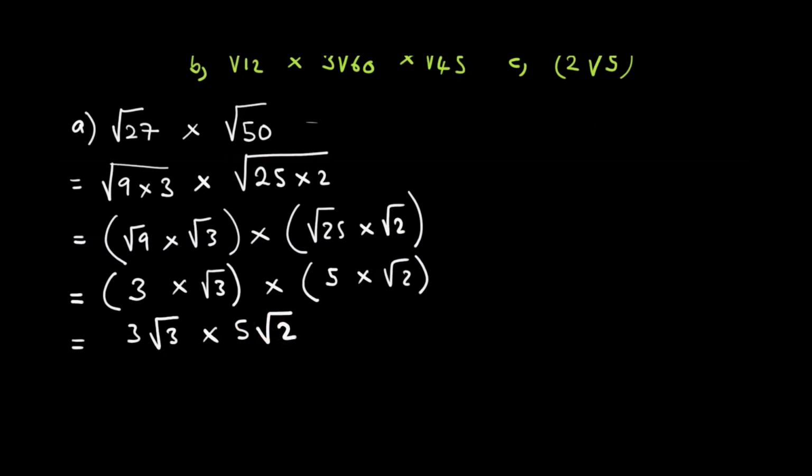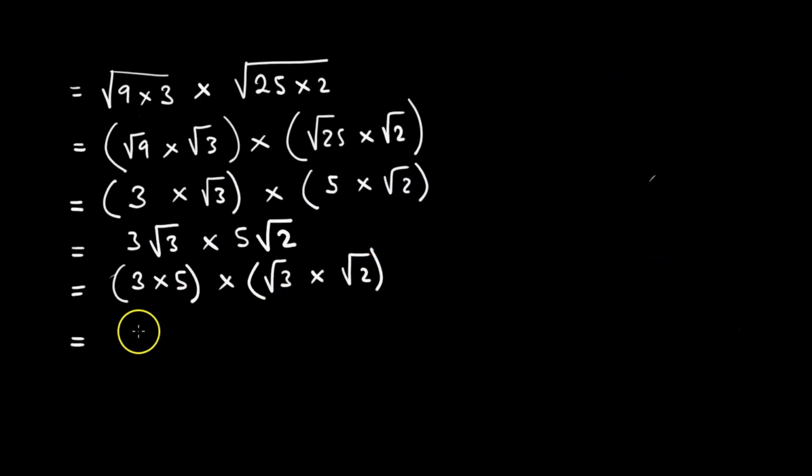Then sezvataurwa nebhuku redu, kana tasvika apa zvifangokutinetsa, what we do is we multiply numbers on their own. Saka tinotora manumber zvaari, it's 3 times 5 times we multiply square roots on their own. So it's the square root of 3 times the square root of 2.